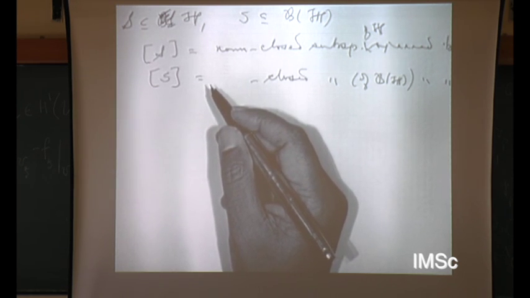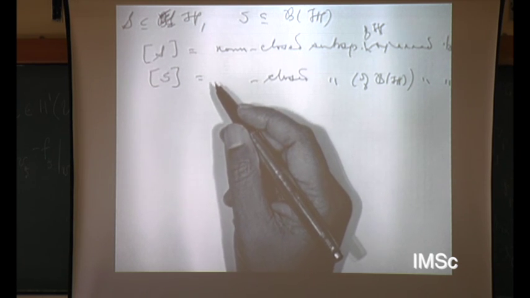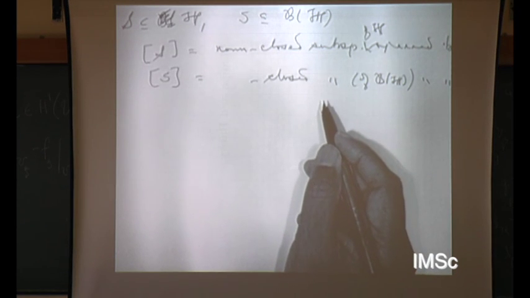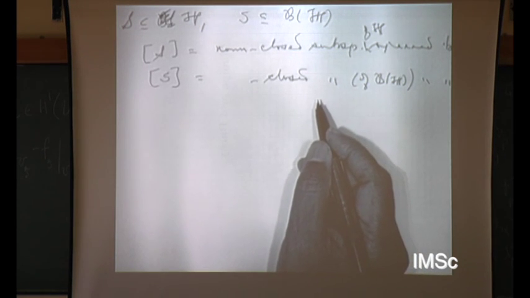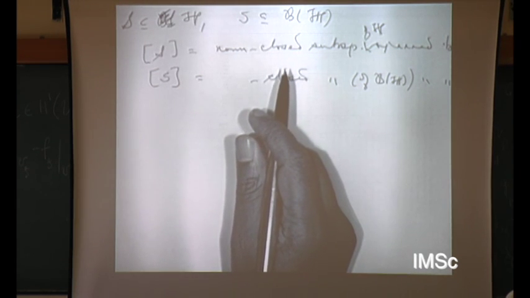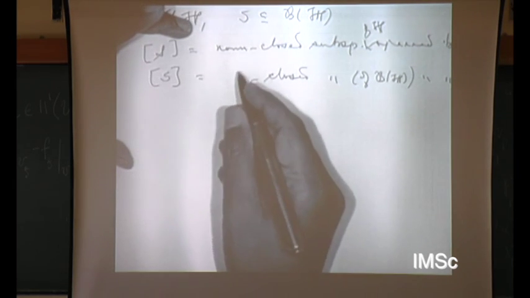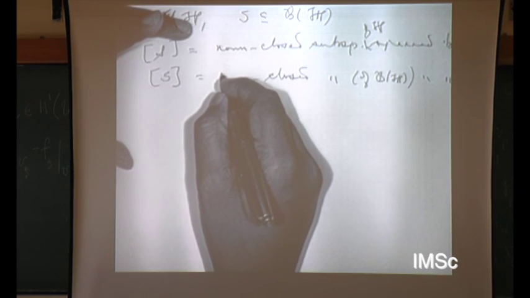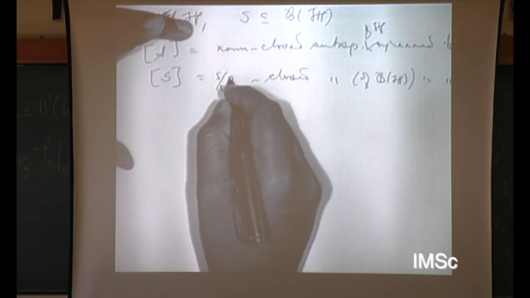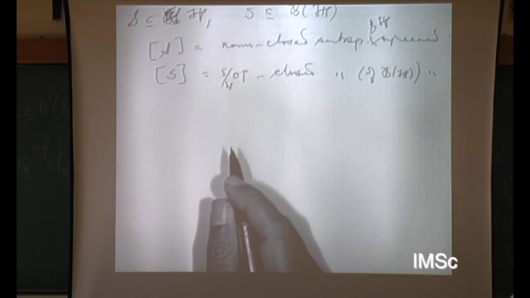What we'll be looking at is the strong operator topology or weak operator topology, and we've seen that the closed convex sets are the same in both topologies. Convex sets are SOT closed precisely when they are WOT closed. So I can take either the SOT or the WOT closed subspace and get the same thing.